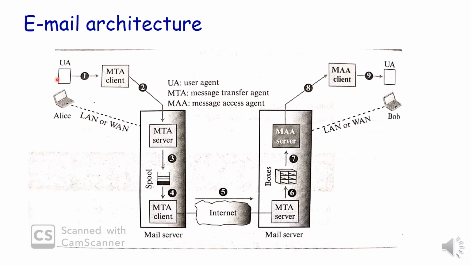When Alice needs to send a message to Bob, she runs a user agent program to prepare the message, and the mail transfer agent working at her machine helps her to push the email to the mail transfer agent of the mail server. The mail server at her site uses a queue to store the messages waiting to be sent.